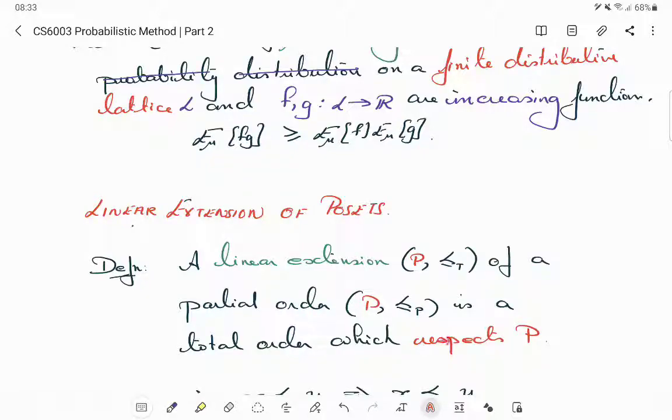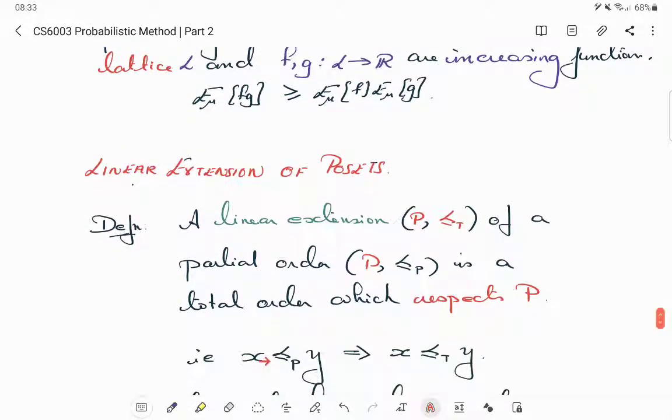That means that everything that is related in a particular way under P is also related in the same way under the new order, under this T. Formally, it says that if x precedes y in the partial order P, then x should precede y also in the total order. Such total orders are what are called linear extensions of a partial order.